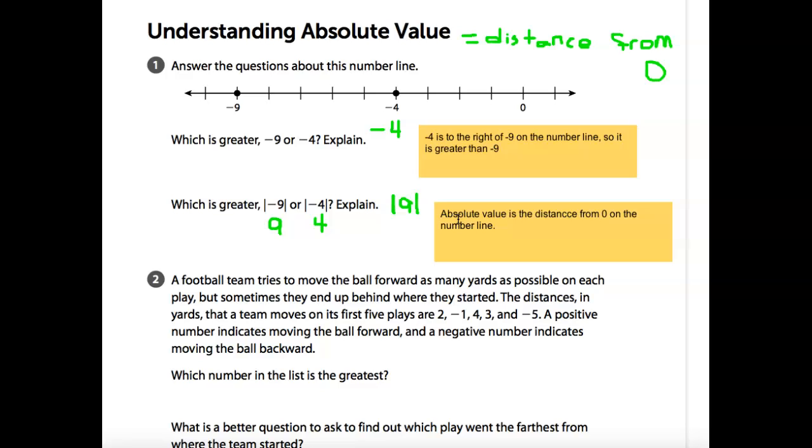So -9 is farther from 0 than -4. I can't make absolute value signs.